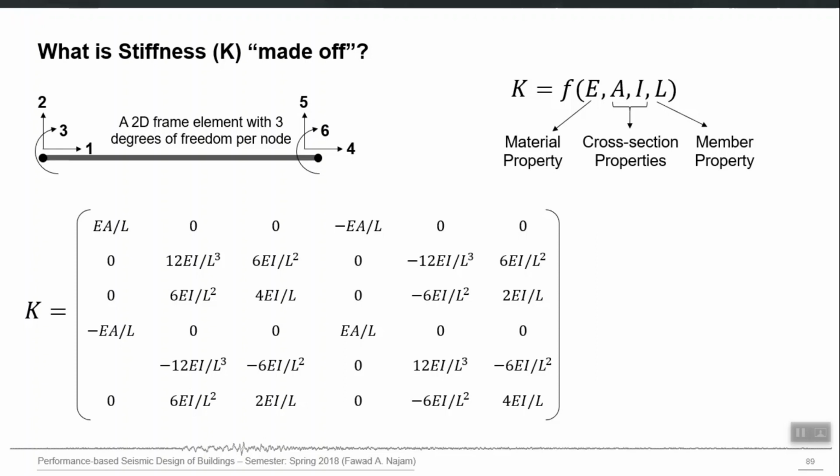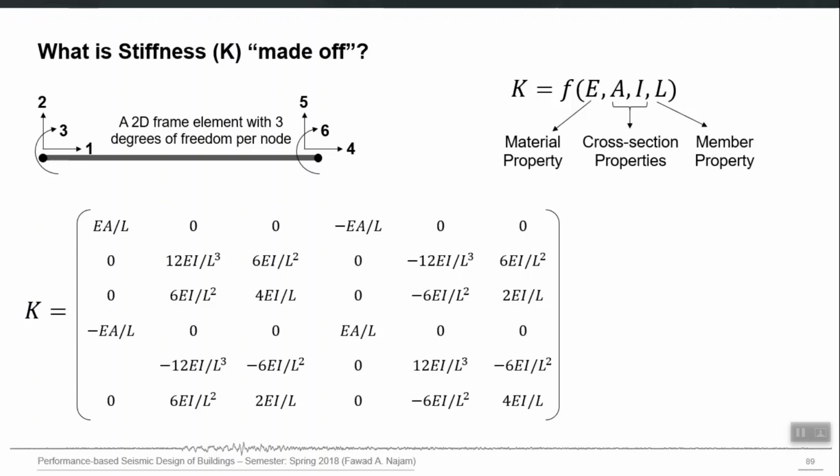And then next, first level is material level, then cross-section level, third level is member level. In member level, when you define a member, the cross-section property is called in that member definition. For example, when you start defining a beam or a column, you have to tell which cross-section is associated with that member, right?